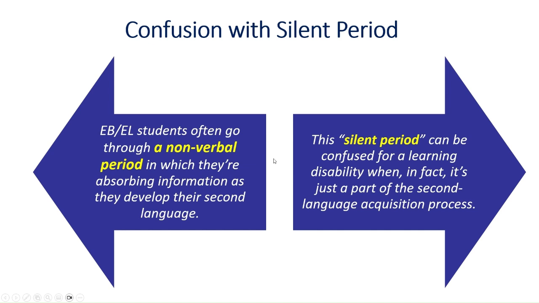Now, if educators are not familiar with this process, the silent period can sometimes be misinterpreted as a learning disability. But it's important to remember that this is a natural and expected phase for many English learners, and the evidence that language development is underway, not a sign of deficit or inability, right?